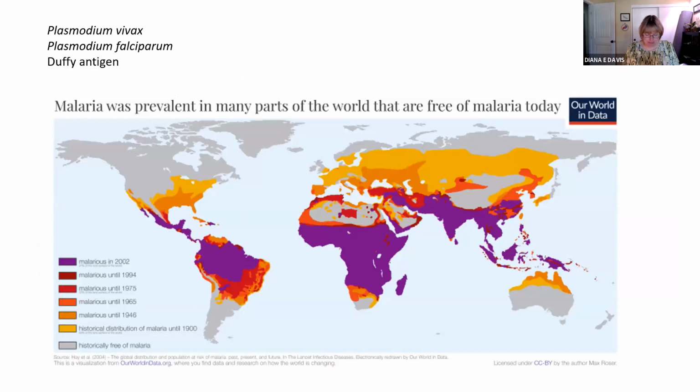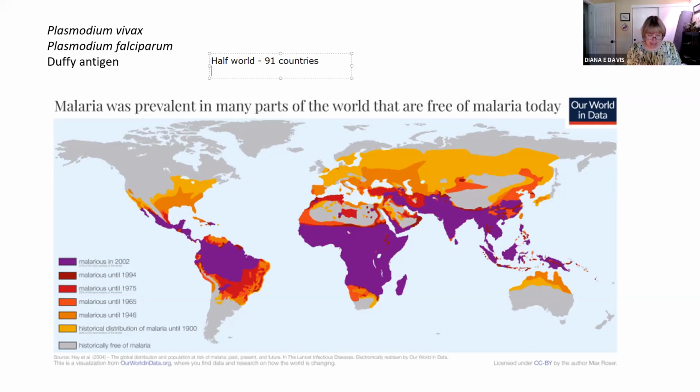So today, well, okay, this map is from a few years ago. This map was from 2004, and my data is from 2016. So a few years ago. But in 2016, half of the world, 91 countries, still have malaria.